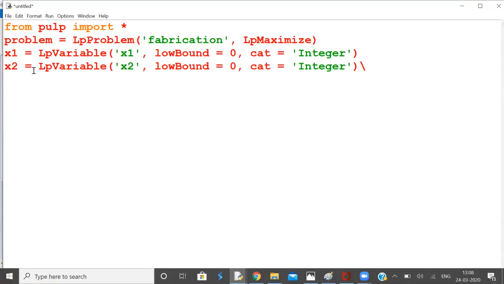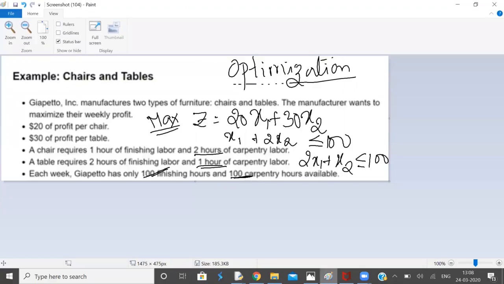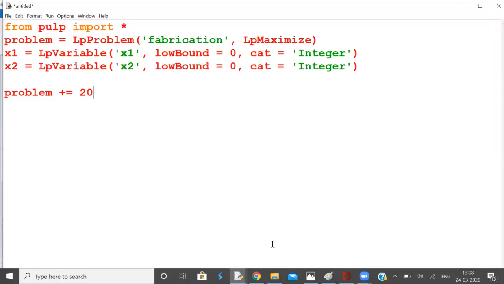Now add constraints to the problem. So problem equal to problem plus, the first is my objective function. See, the objective function is 20x1 plus 30x2. So add it, 20 into x1 plus 30 into x2.